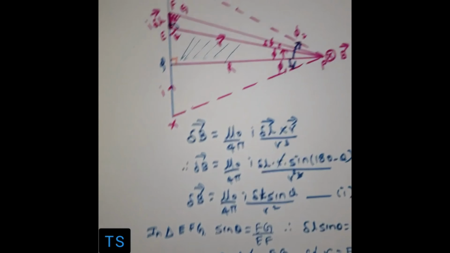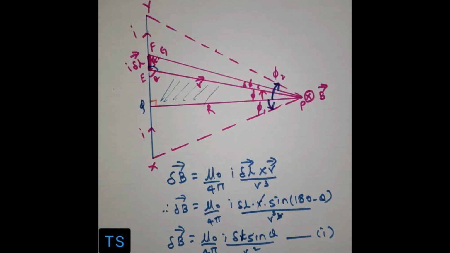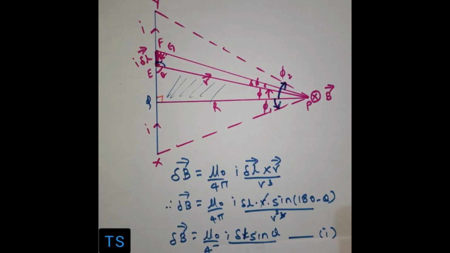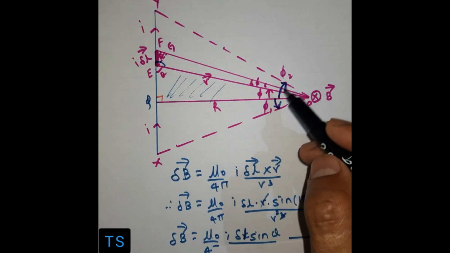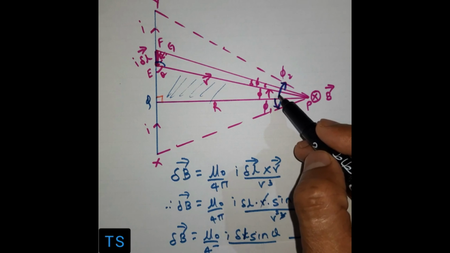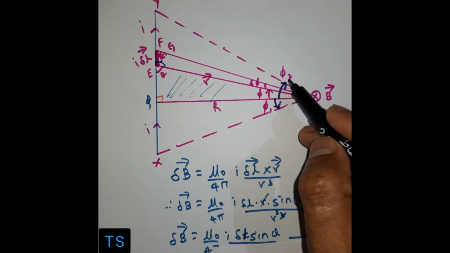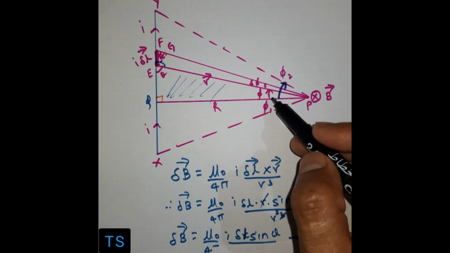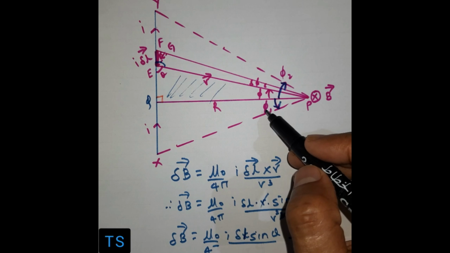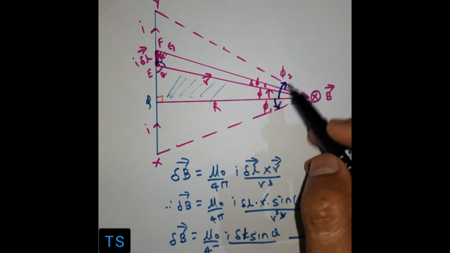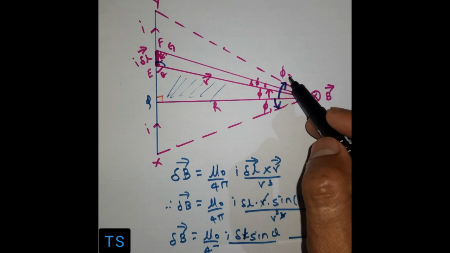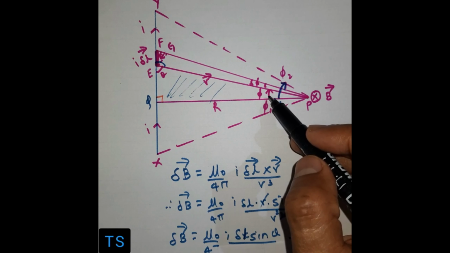But now we want to find it for the whole conductor, so we will need the angles, that is the lower limit and the upper limit. The lower limit will be phi 1, the upper limit will be phi 2. This lower limit we will take as negative because the angle is measured in the anti-clockwise direction. This is measured in the clockwise direction, so it's positive with respect to phi.